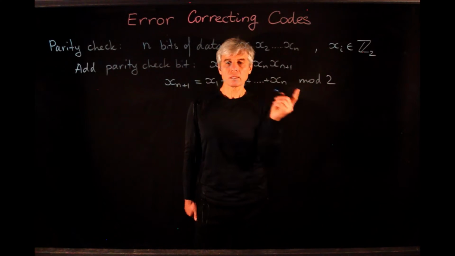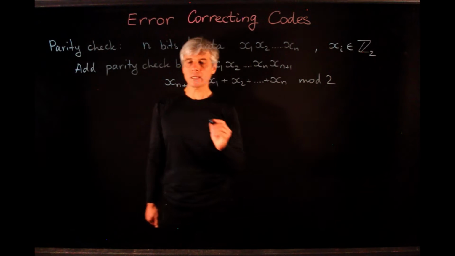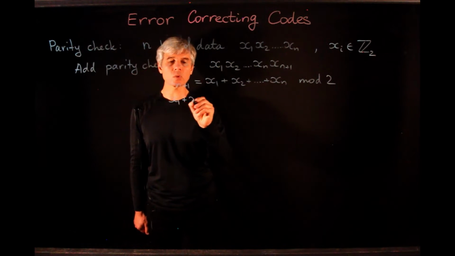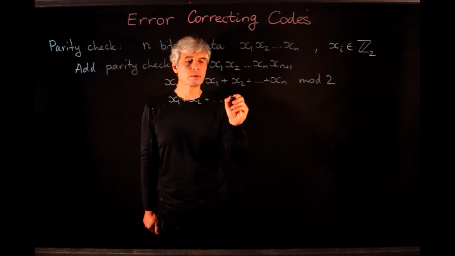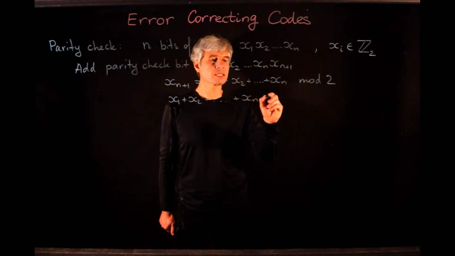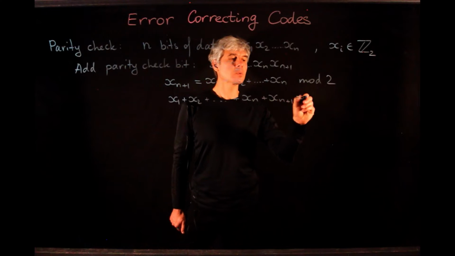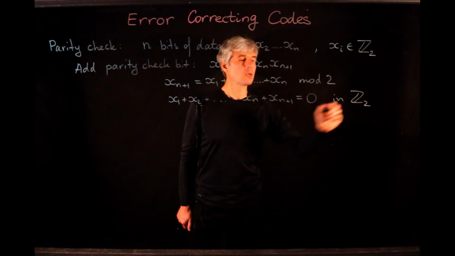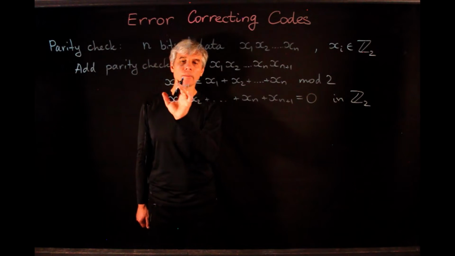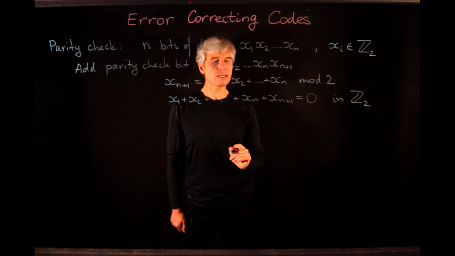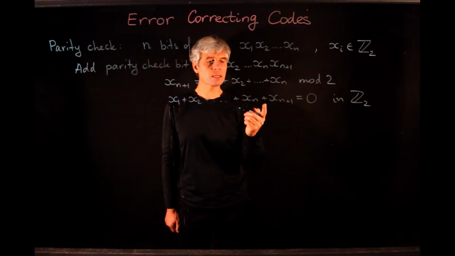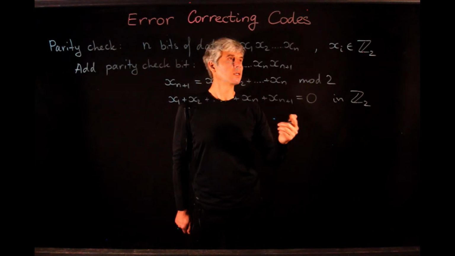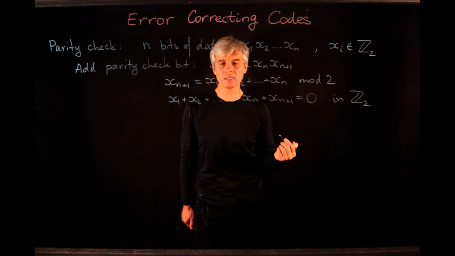So this is a linear equation. In fact, we can write this linear equation as x1 + x2 + ... + xn + x_{n+1} = 0 in Z2. Here we bring everything to one side, and the sign is plus and not minus, because over Z2, x and minus x are the same thing.